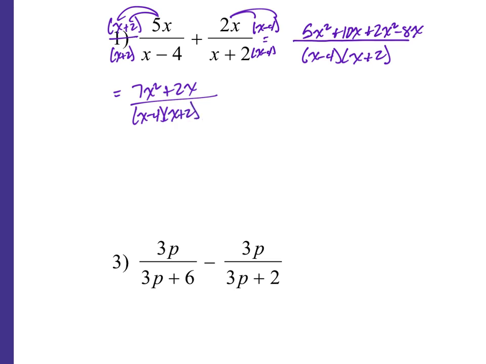Even if I factored the top, I could factor an x out of the top, but it's not going to give me anything that will make a 1, so I can just stop there. Nice job, Emma. Okay? Any questions?